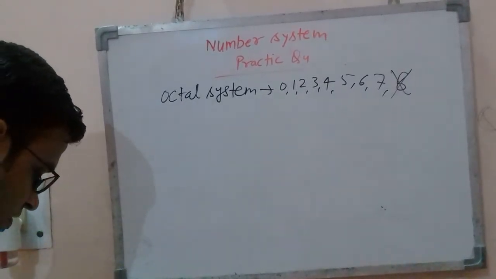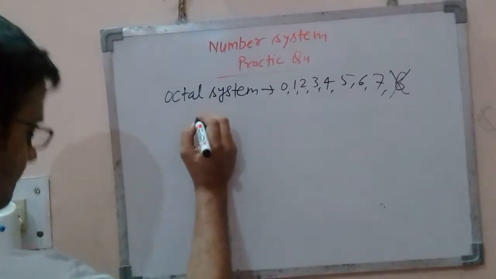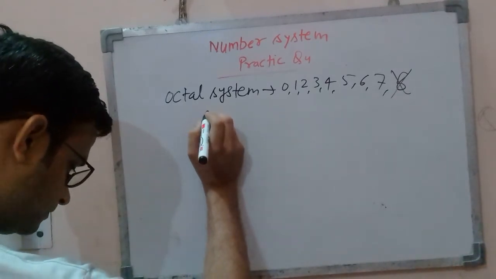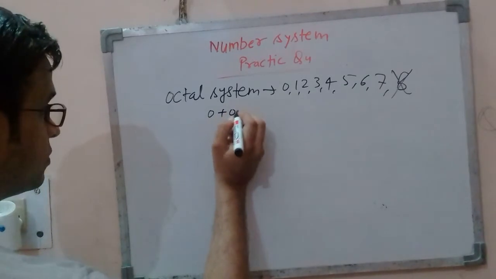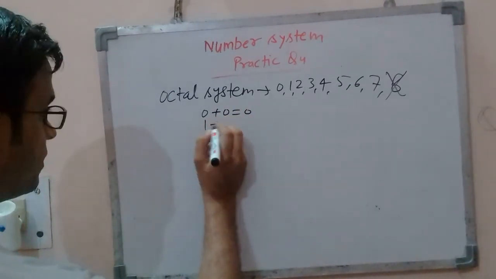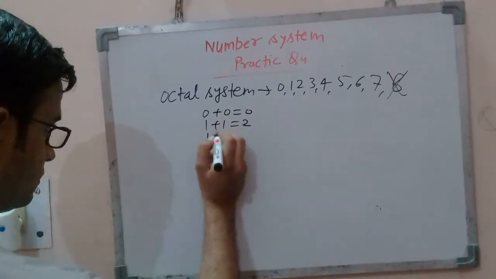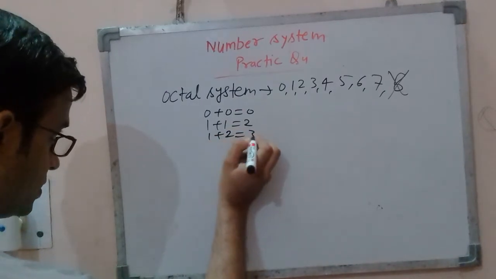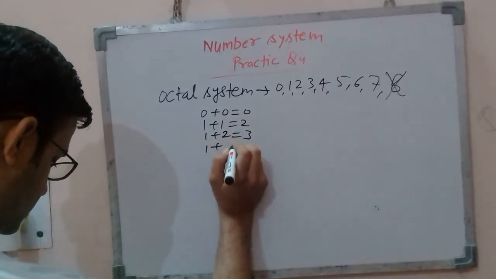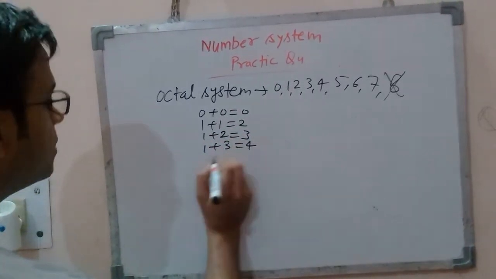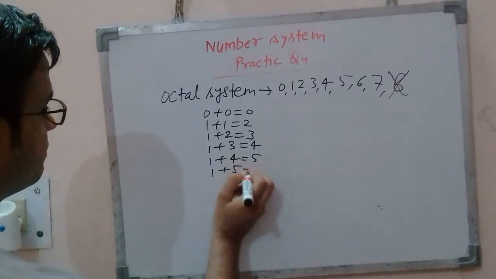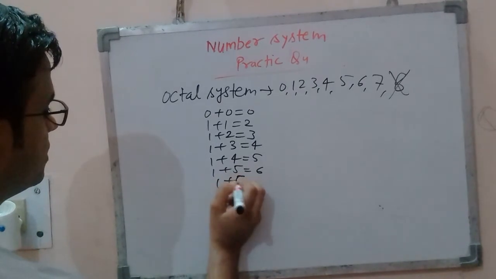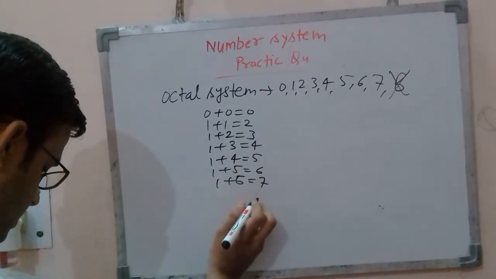So in an octal system, 0 plus 0 is 0, 1 plus 1 is 2, 1 plus 2 is 3, 1 plus 3 is 4, 1 plus 4 is 5, 1 plus 5 is 6, 1 plus 6 is 7, right?